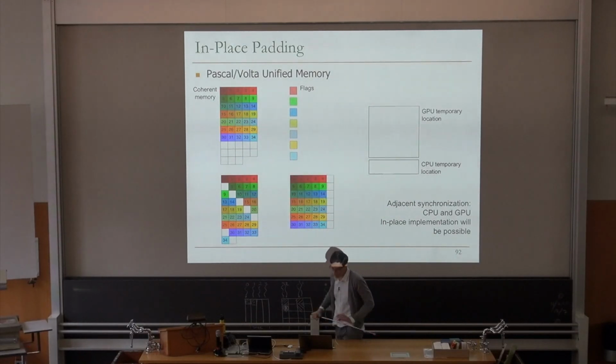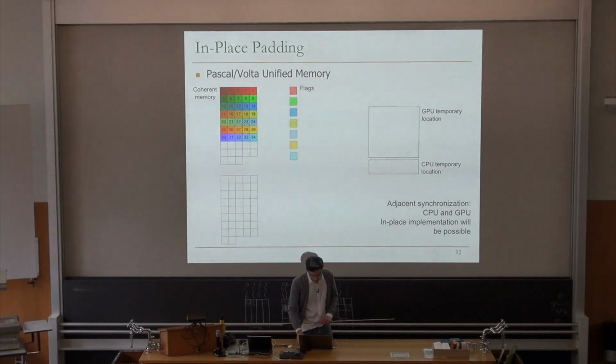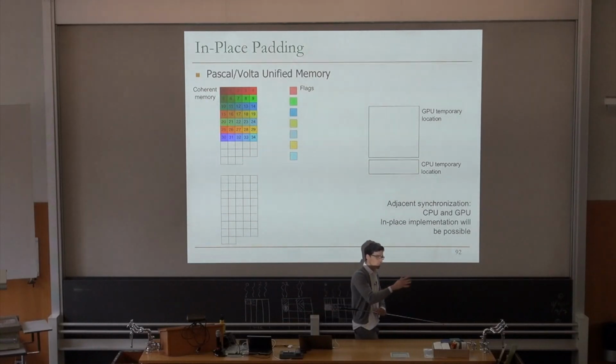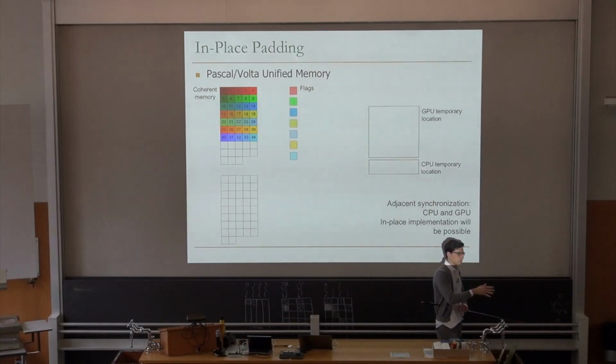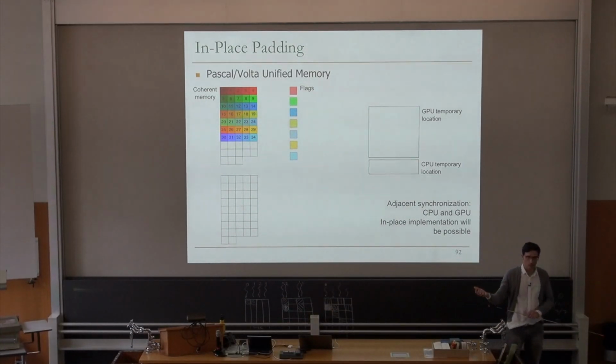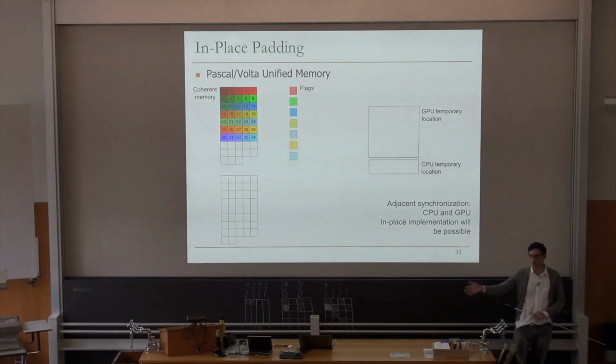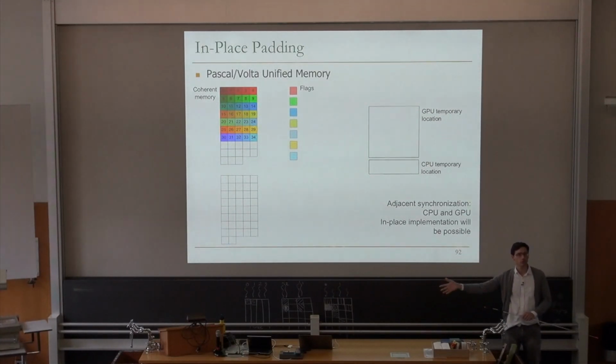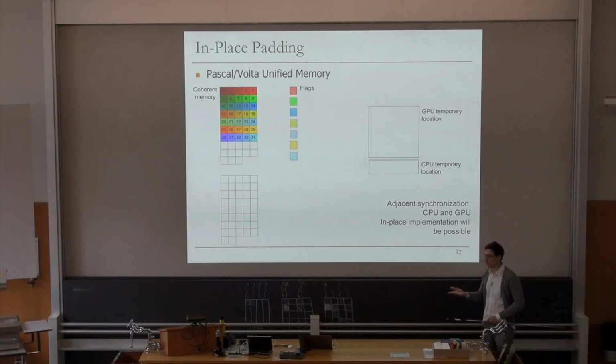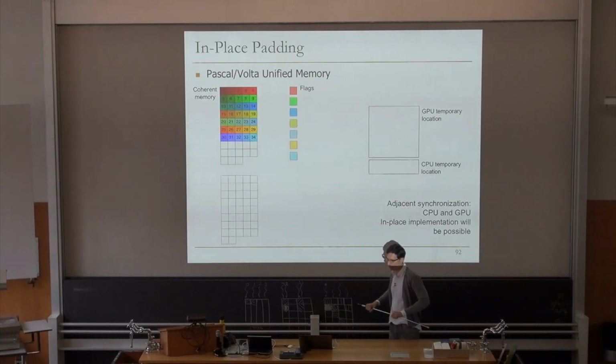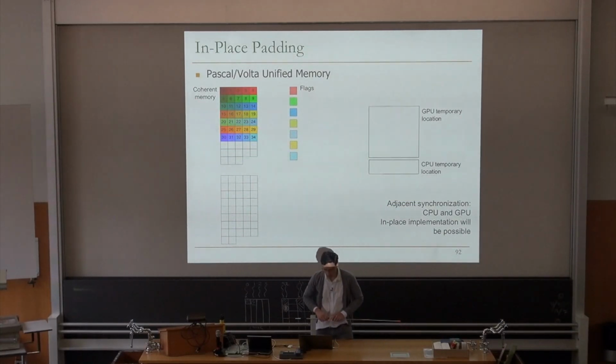And now let's see how we can synchronize. Without the new heterogeneous programming features, this is something that we can definitely do on CPU or on GPU. The good thing is that with the new heterogeneous programming features, we can use both CPU threads and GPU threads to operate on this.